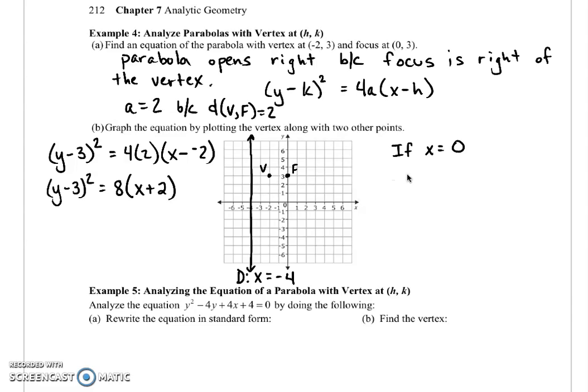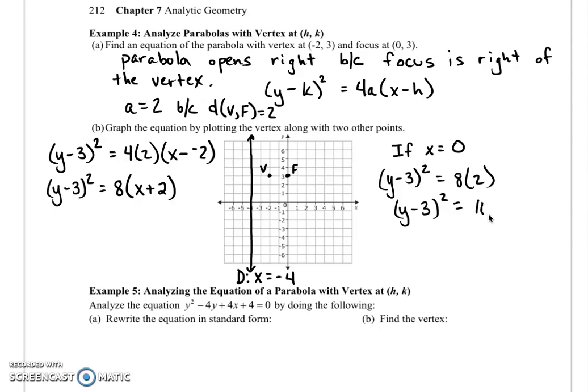So if x is 0, let's see what y has to be. Y minus 3 squared equals 8 times 2. So y minus 3 squared has to equal 16. Take the square root of both sides, and we have y minus 3 equals plus or minus 4.